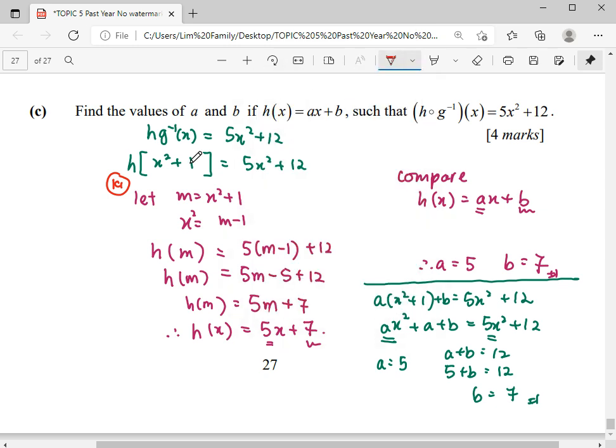First is doing your concept of composite, and then you compare and get your a and b. Another method is finding out our function hx, and then the same comparison to get a and b.